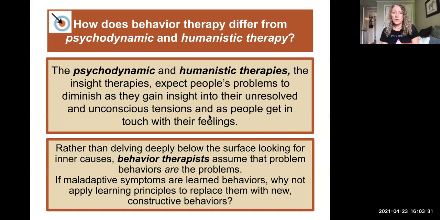As I mentioned, those were insight therapies, psychodynamic and humanistic. Behavioral therapists are focusing not on the unconscious thoughts, motives, and drives. They're focusing on what actual behaviors you're exhibiting, what you're actually doing. So what are some of your maladaptive behaviors?